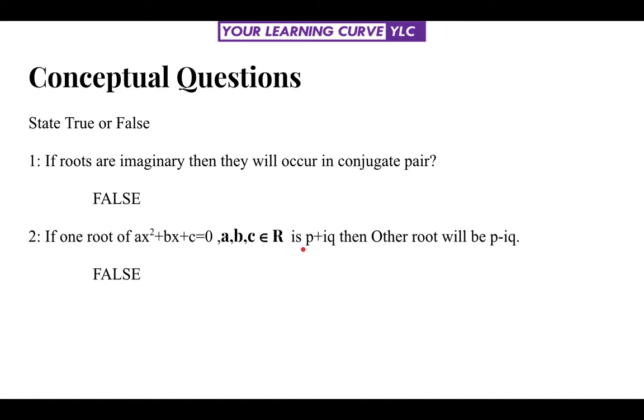So we have to make sure that this is the imaginary part of the complex number after solving. It's not that p plus iq itself turns out to be a real number afterwards on solving. So you have to be very careful. If p and q are real numbers, then only you will say that other root will be p minus iq. If p or q, any one of them is a complex number, then this cannot be said.